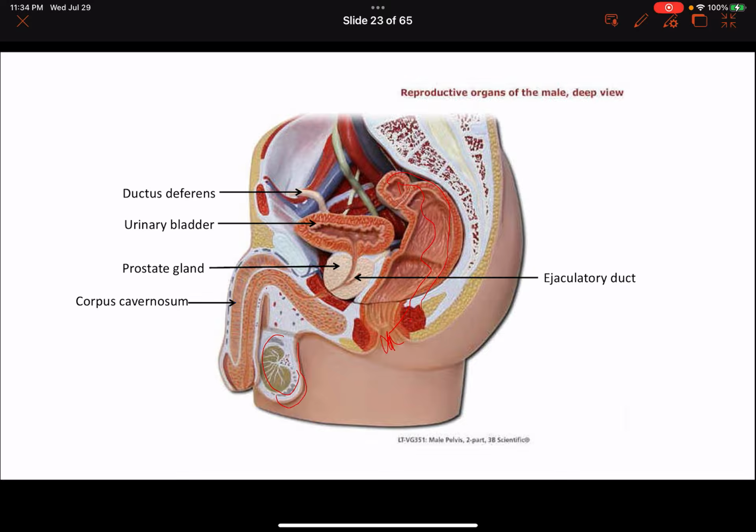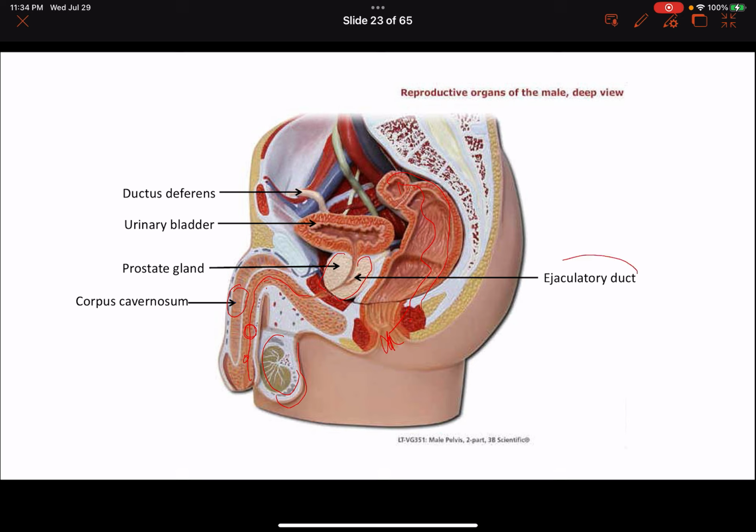So there are two different types of cells we talk about. Outer is what? Corpus cavernosum. This inner one surrounding the urethra, this is the urethra opening. Surrounding that is corpus spongiosum. Then you see over here this white structure, that is the prostate gland.